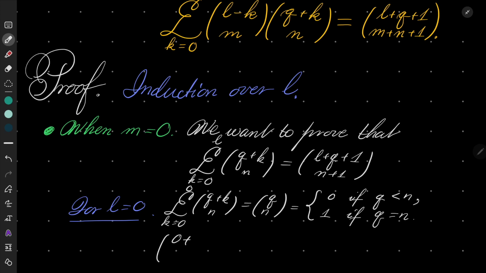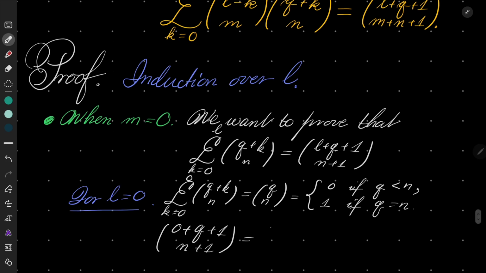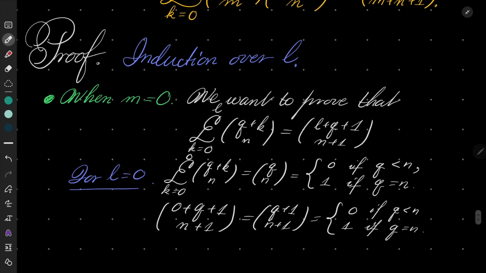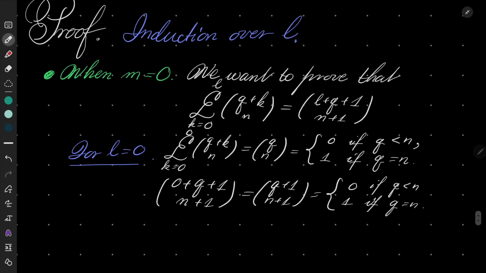On the right hand side we have 0 plus q plus 1 choose n plus 1, which is simply q plus 1 choose n plus 1, and it's exactly the same. It's 0 if q is less than n, and it's 1 if q equals n. So for L equals 0, our equality holds.